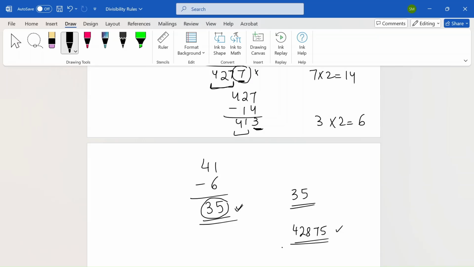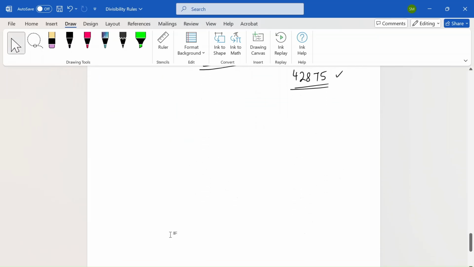If I give you another example, okay, let me give you another example. Let's take 56742. What was the process of checking divisibility by 7?